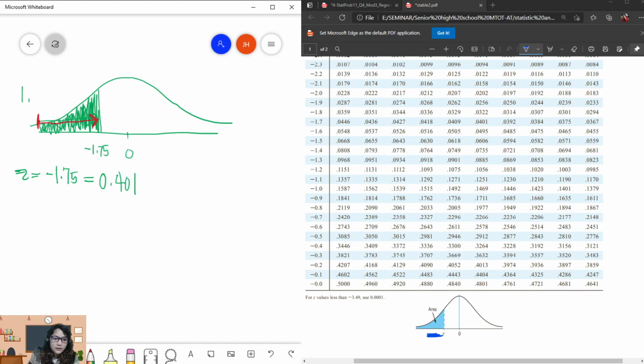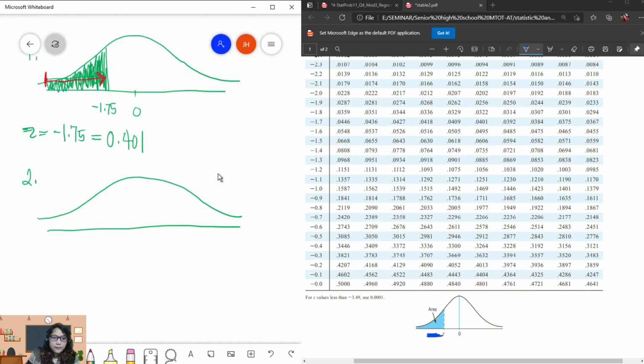I'm going to give you another example. This is the second example. Suppose I'm going to have this again, another set of symmetric or normal distribution. Then this is 0, and I'm going to look for 0.95, this area here.